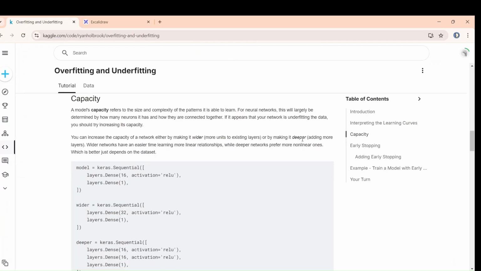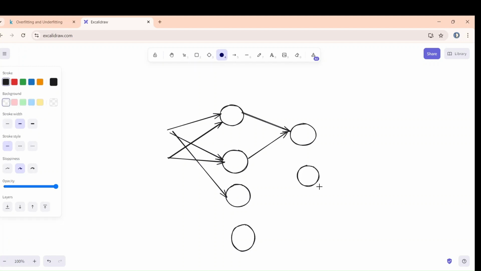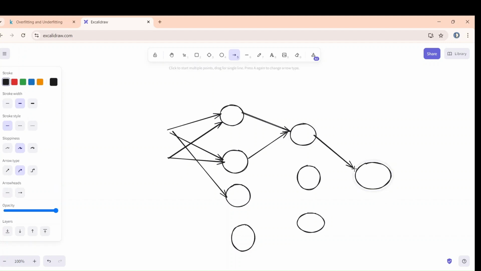Fine. Or making it deeper. How can we make it deeper? By adding more layers. Instead of having the output directly, I am creating more layers like this, and then I am keeping the output layer. This way also you can join every node.